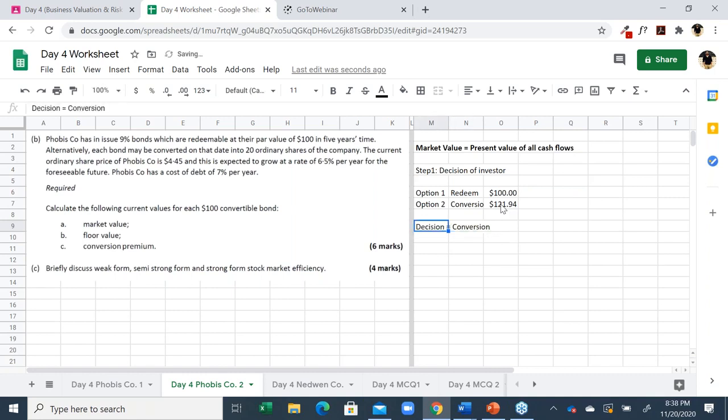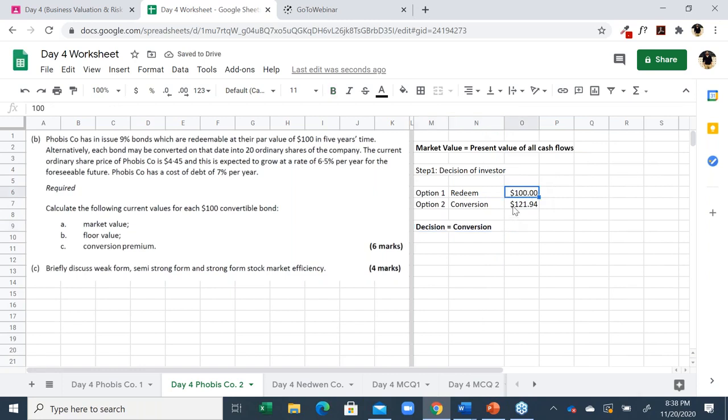So this is the first step in the case of convertible bonds. After 5 years, you will have a choice of either getting $100 or getting something that has a value of 121.94. Nobody will choose the lower value. So it is going to be the higher value, that is 121.94.